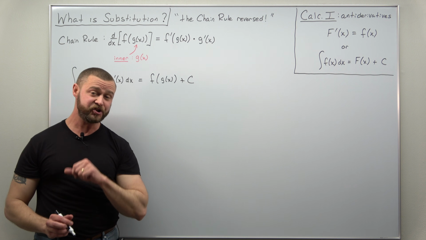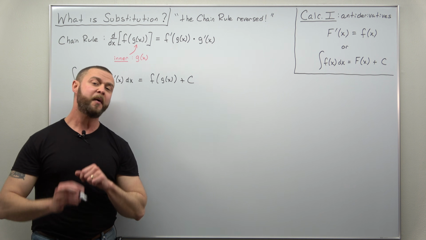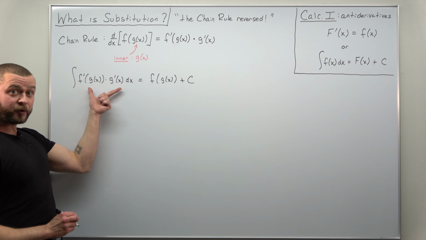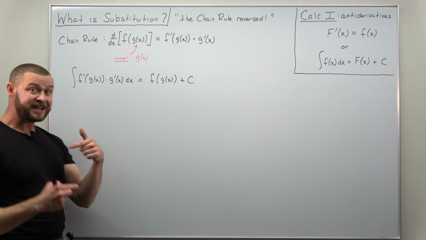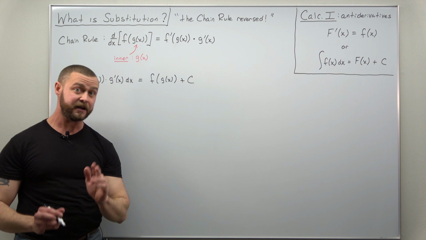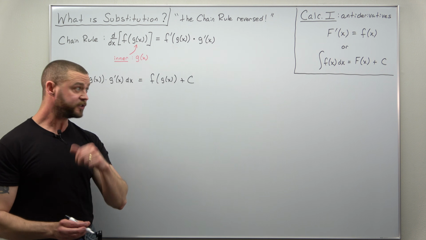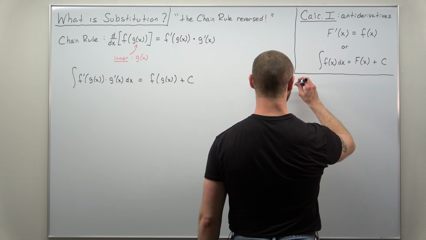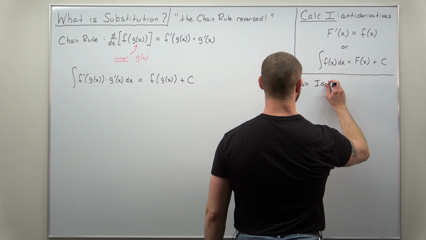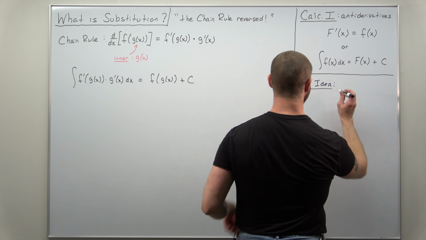This is the foundation for substitution, but how we make use of it is we take something that looks really complicated, so think of this as a complicated integral, and what we want to try to do is convert it to a simpler one. So let's write that as the main idea of substitution.